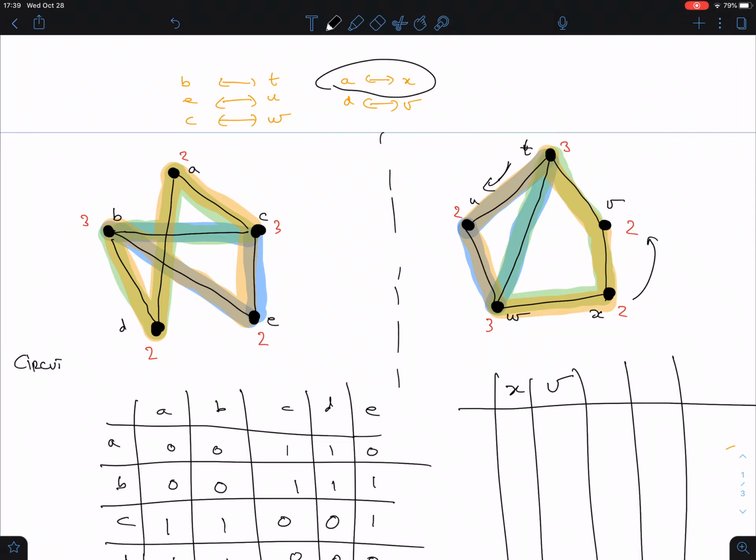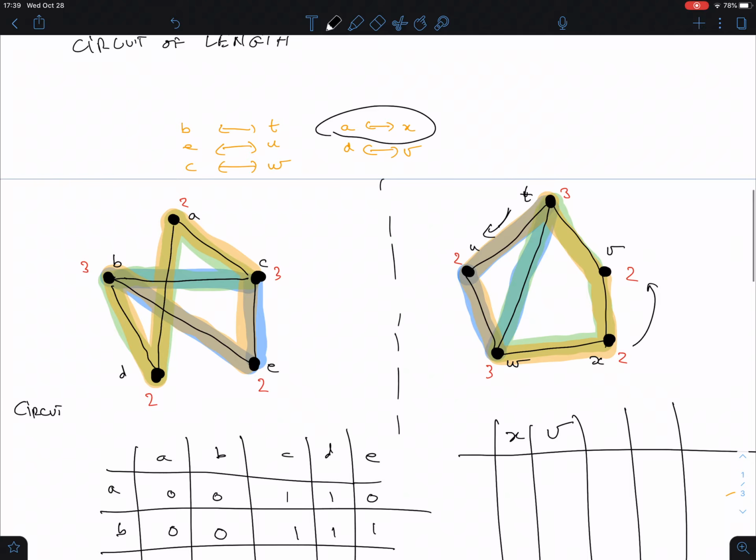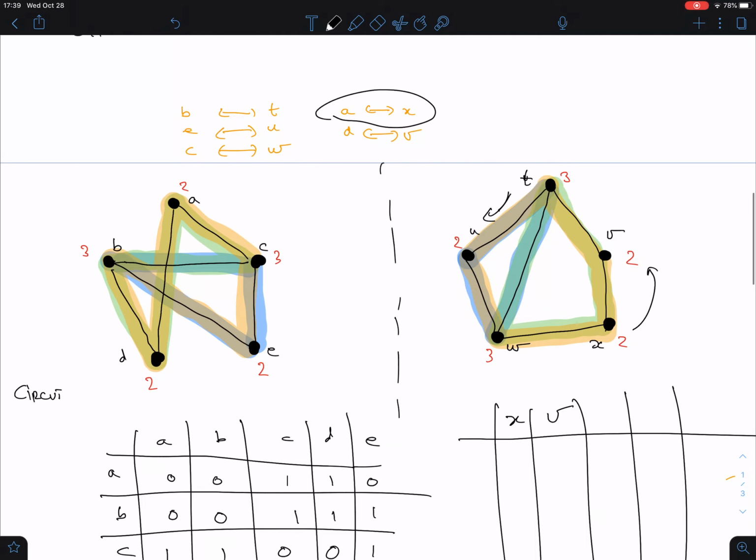No. Wait, did I write it now wrong? B corresponds to T. I guess I erased it now. B has degree 3, so this cannot be V. So in other words, I am going through my B corresponds to T. How is that even possible?